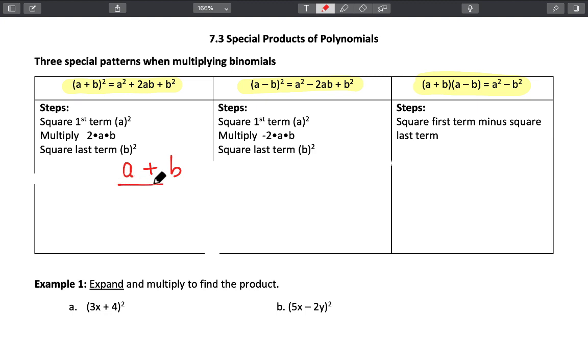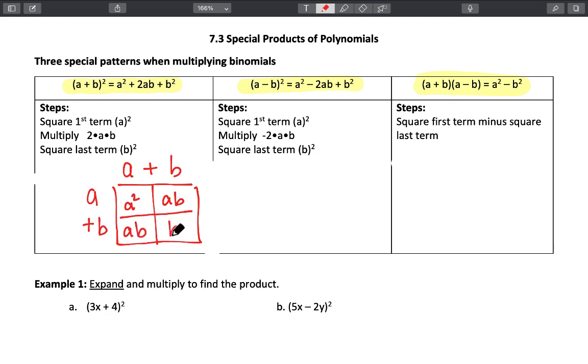If we had a plus b times a plus b, the product is a squared, then this row and column would be one ab, then this row and column would be another ab, and the final box would result in b squared. That's where these three terms come from: the first term squared, a squared, plus 2 of those ab's, plus b squared.